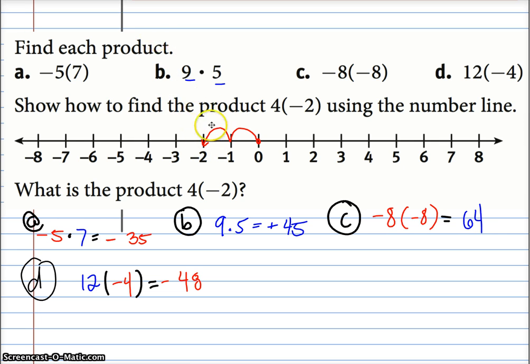Now, I'm just going to do this 4 times. There's 1, 2 negative 2's, 3 negative 2's, and 4 negative 2's. Using a number line, I was still able to find my answer of negative 8. So what is the product of 4 times negative 2? It should be negative 8.